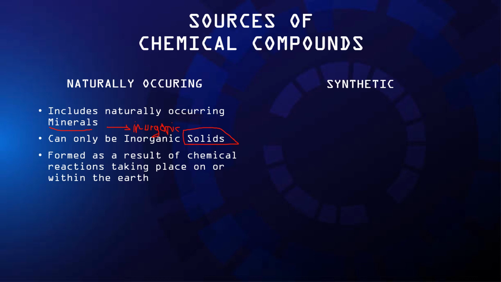There are about 5,000 known minerals, so you can understand the extent of how different chemical reactions are taking place within the earth. Minerals make up most of the planet Earth. Since they are an essential part of rocks, and rocks are an essential part of the planet, we can say that they make up most of the planet Earth.